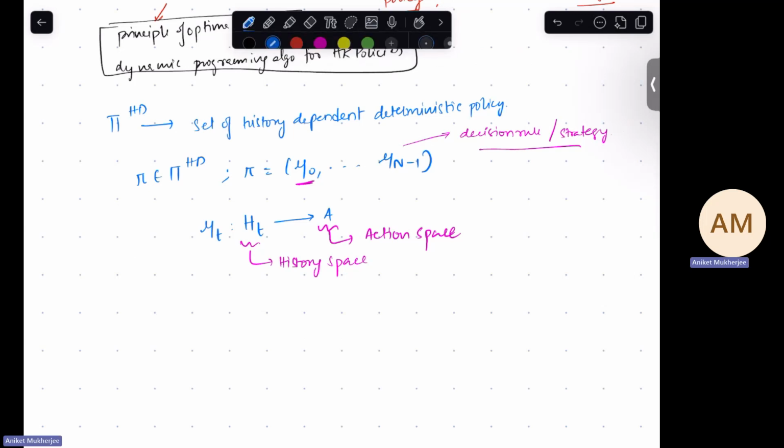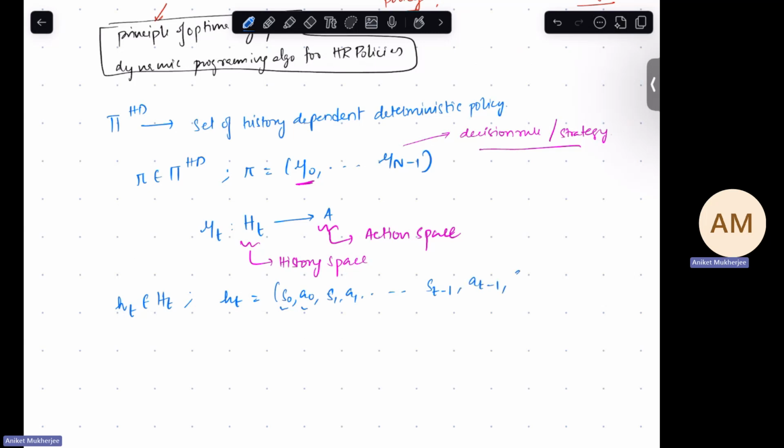If you have a history belonging to the history space, that means you have a vector of all the information until then. So you have a vector of S0, A0, S1, A1, and so on, S(T-1), A(T-1), and ST, the current state. You don't have the information of AT.